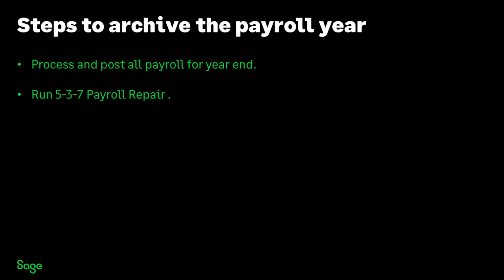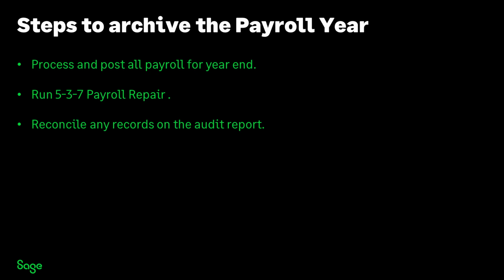It is no longer necessary to archive before starting a new payroll year. To begin archiving, make sure all payroll is posted for the year you are archiving. Run 537 Payroll Repair to make sure all totals are accurate and there are no audit errors. Reconcile any payroll records on the audit report. If you have closed payroll for the year you are archiving, you have already completed these 3 steps.